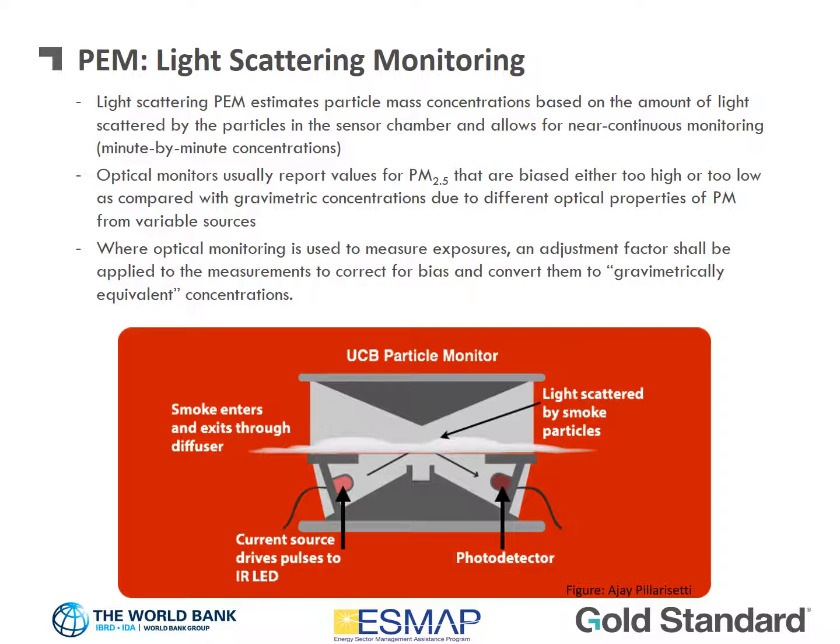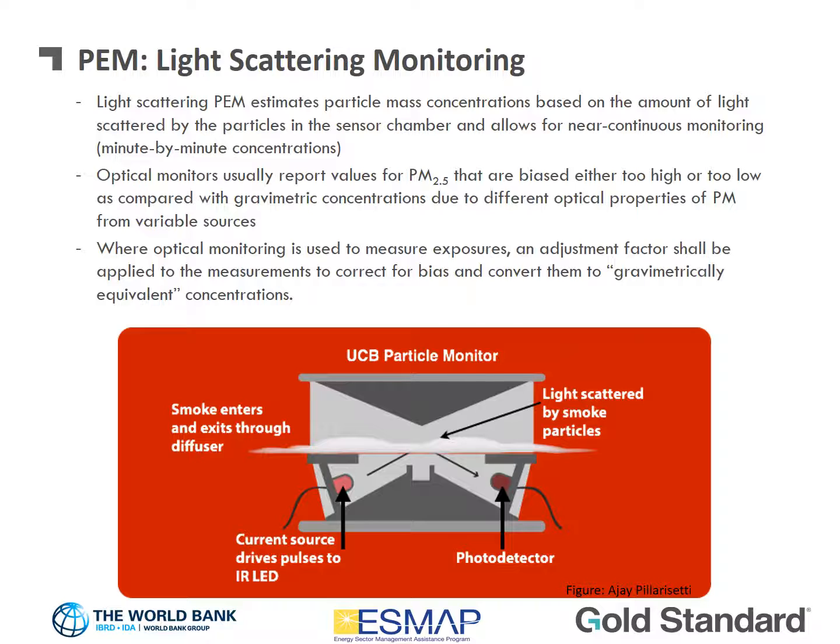So when there's no smoke present, the light shoots directly through and isn't detected. Now, when there's smoke in that sensing chamber, it's scattered off of those particles, and light that's scattered is detected by the photodetector that's set at an angle from the LED. And the amount of light detected is proportional to the amount of smoke in the sensing chamber.